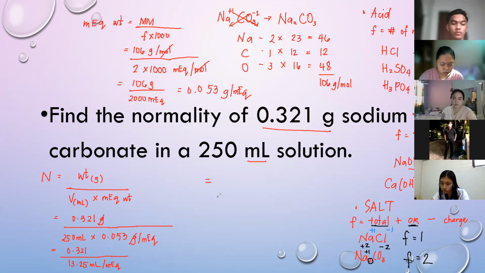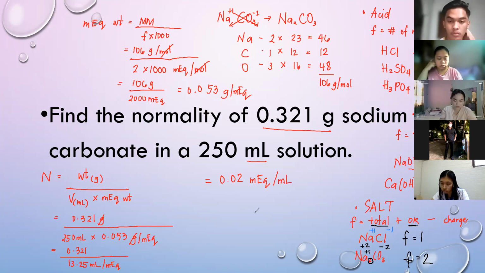Dito na lang ha, kasi wala nang space sa baba. 0.321 divided by 13.25. Kung 2 decimal places, this is 0.02. And then, ang unit ganito. Since nasa baba si ml per MEQ, pag dinivide natin yan siya, you have to get the reciprocal. When you say reciprocal, ibabaliktad mo siya. Meaning, magiging MEQ per ml na siya.